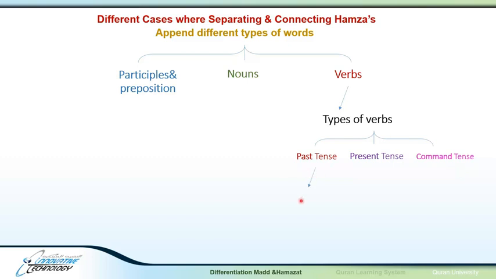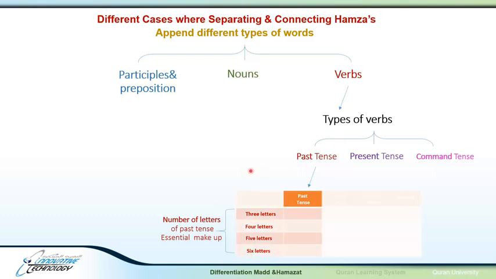All verbs are based on the past tense, which is further classified based on the number of the letters that constitute its essential makeup. So in order to examine any verb, we take it into its past tense, then we count its letters, being 3, 4, 5, or 6 letters. And accordingly, we name the verb as a 3-letter, 4-letter, 5-letter, or 6-letter past tense verb.